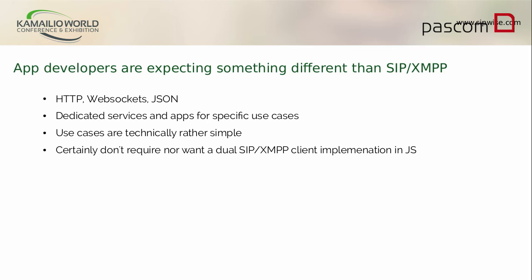We probably don't want to hear that, but they are used to using HTTP and WebSockets and transporting some JSON between them. And you have quite dedicated services and apps for specific use cases. So you typically come up with your own communication protocol just because you need to make that kind of scenario work, and you want to make that work in the simplest way possible. And the technical challenges there for this kind of real-time communication are rather simple.